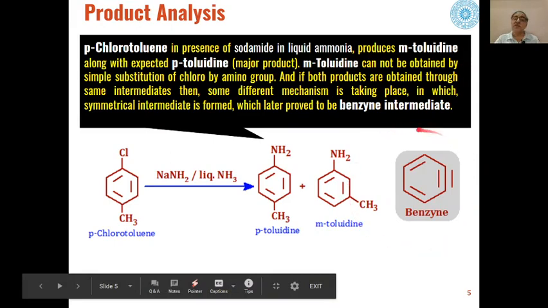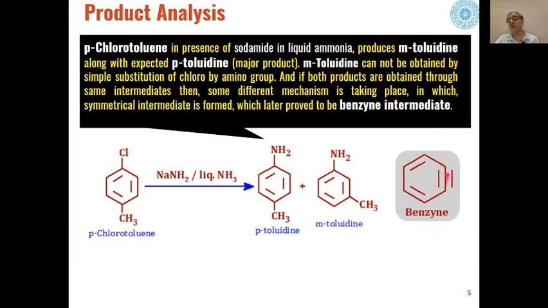When the reaction mechanism was studied, it was found that the intermediate involved in such reactions is the benzyne intermediate, which is symmetrical, so both the carbons at these places are equivalent, so the nucleophile can attack either this carbon or this carbon.